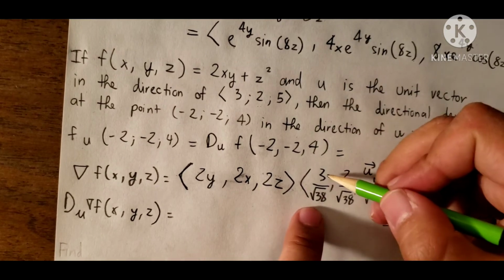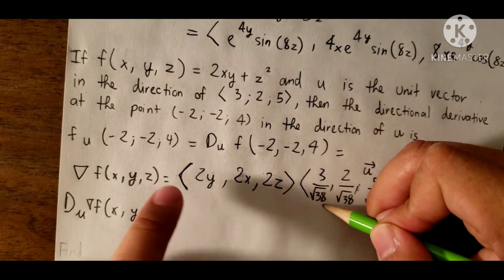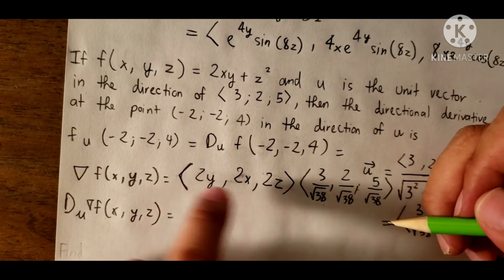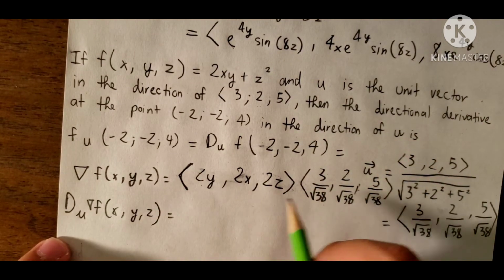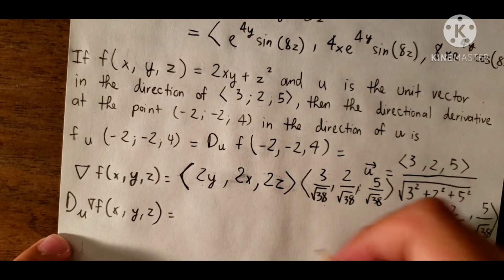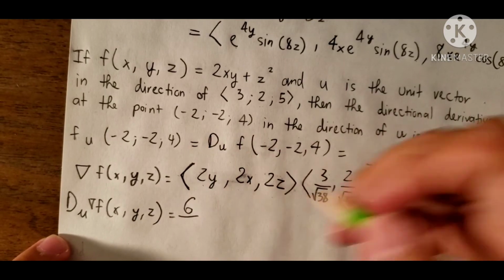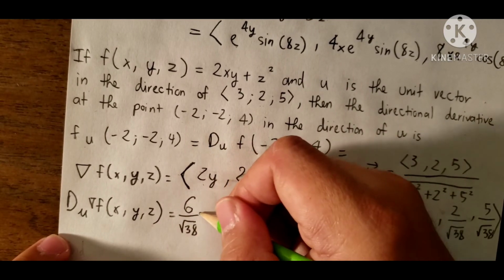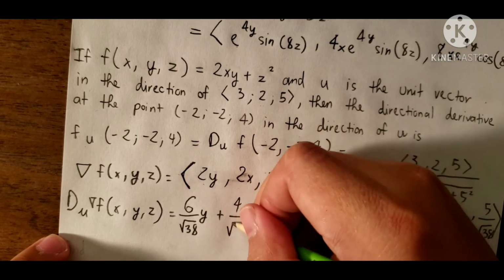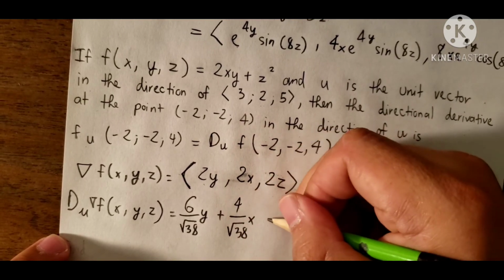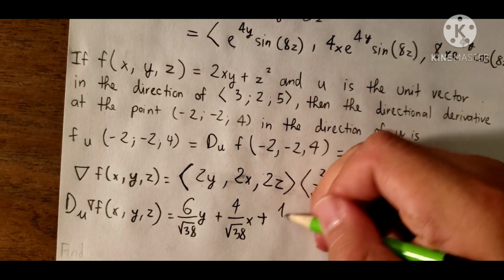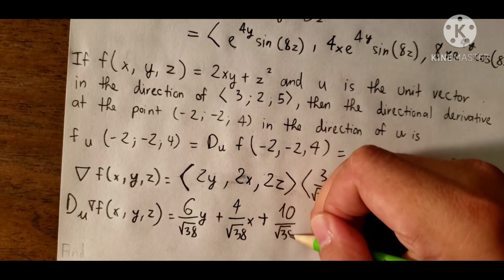We have 3 and square root 38, which relate to the numbers, so we multiply. x with x, y with y, and z with z, so that we have 6 square root of 38 y plus 4 square root of 38 x plus 10 square root 38 of z.